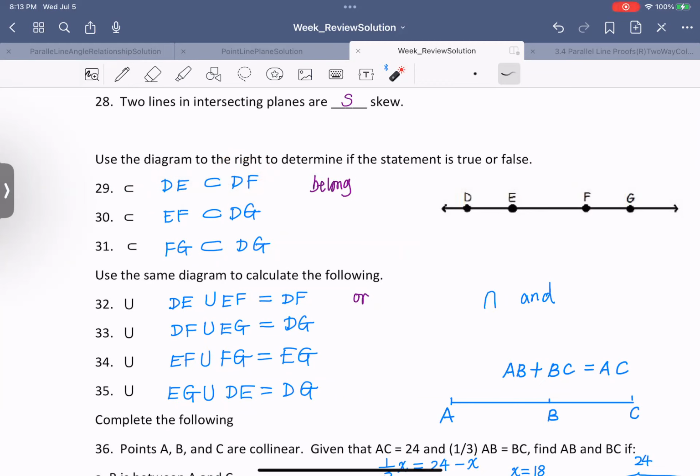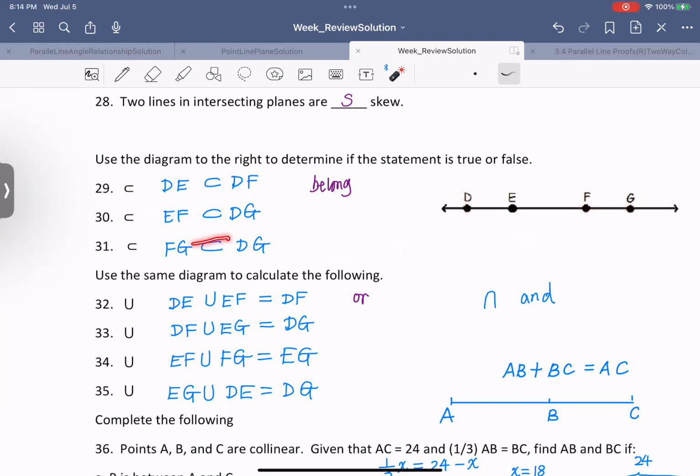For example, here, line segment DE belongs to line segment DF. Or you can say line EF belongs to DG. Or FG belongs to DG.